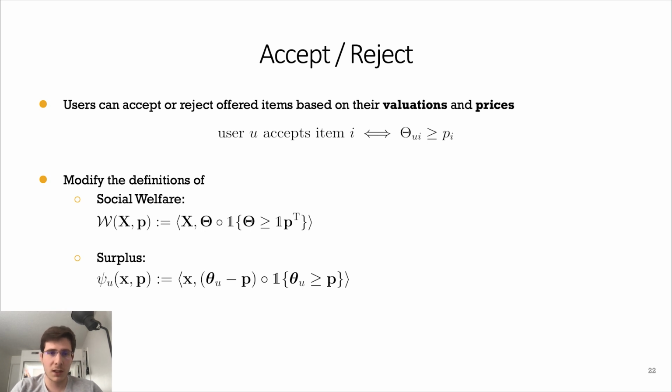So this condition gives us the mechanism for acceptance and rejections. Accordingly, if we were to modify our definitions of social welfare and surplus, we can achieve representation of the ability of users to accept or reject.